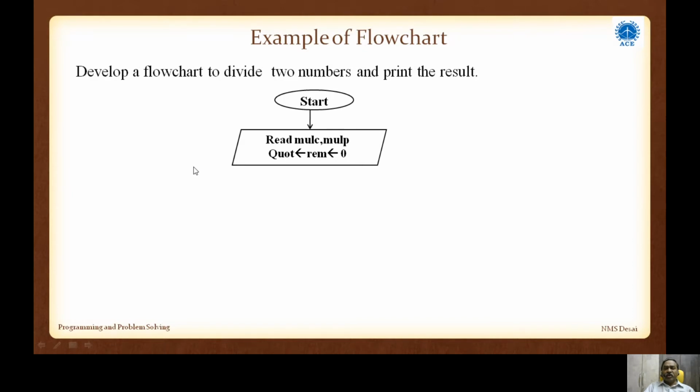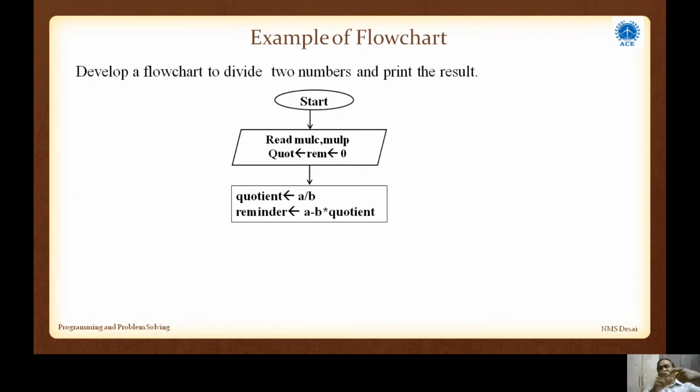So we have taken input. Then what should we do? Division operation, flow again. So quotient is equal to A divided by B. Quotient I get when I divide A by B. How about the remainder? A minus B times the quotient. I have already taken the quotient, so what exactly is the remainder?